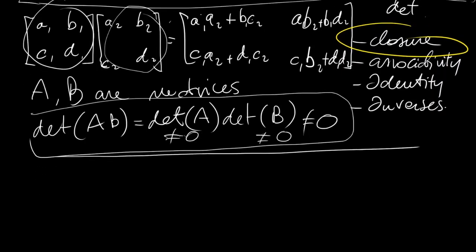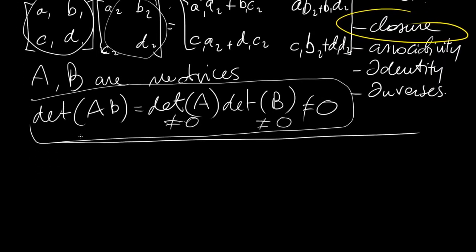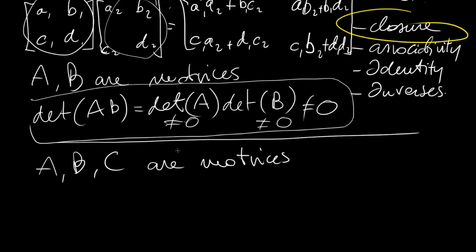Now for associativity, I hope that you can check on your own that if A, B, and C are 2 by 2 matrices, then AB times C is going to be equal to A times BC.